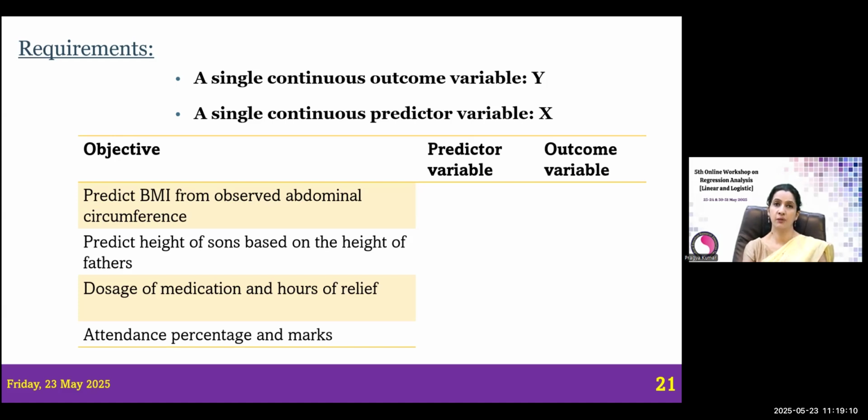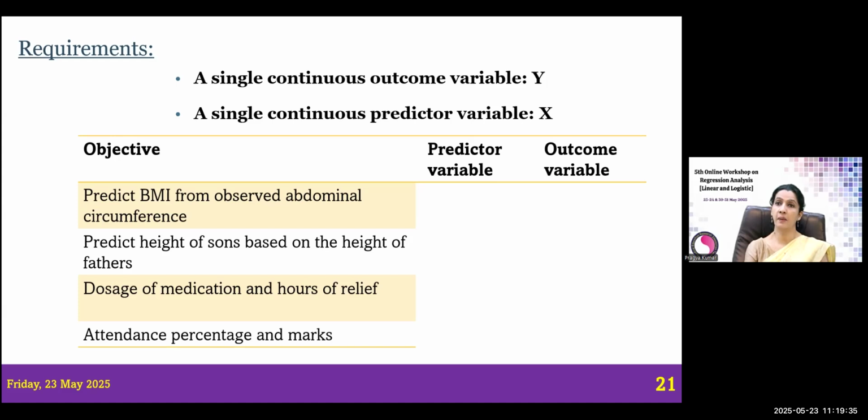The next one, doses of medication and hours of relief. Yes, Priyanka, you are right. Predictor is father height. Okay. Dr. Arumal is writing predictor is height of son and outcome is height of father. No, Dr. Arumal. Outcome is the height of son, because you have to predict the height of son.